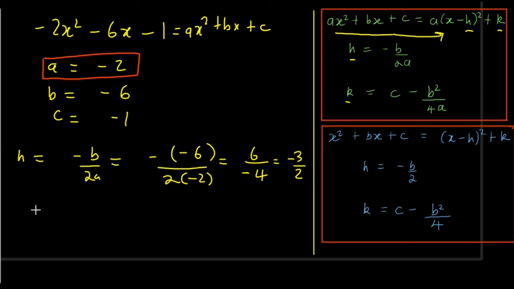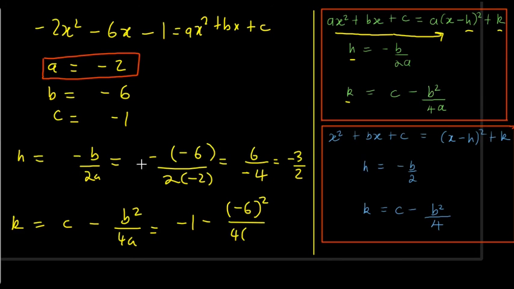Now we need to find k. k is c minus b squared over 4a, which is equal to -1 minus b squared. We already have b here, -6 squared over 4a, which is -2.